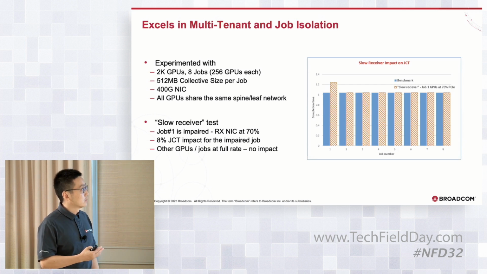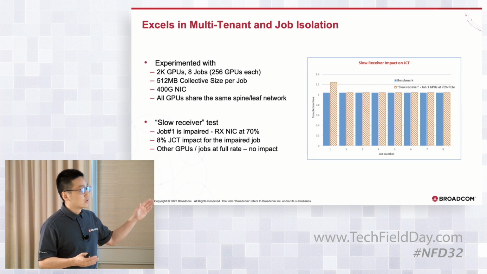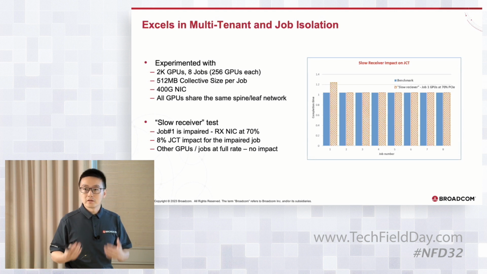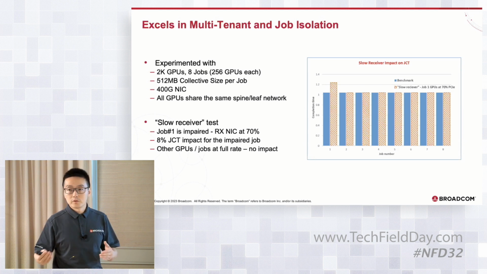We did some testing with our customer. In this example, there are 2K GPUs hosting 8 different jobs. Each job has 256 GPUs associated with it. We randomly placed all 8 jobs into the cluster and tried to observe whether there is any dependency between different jobs.